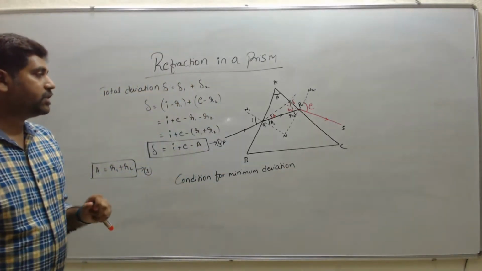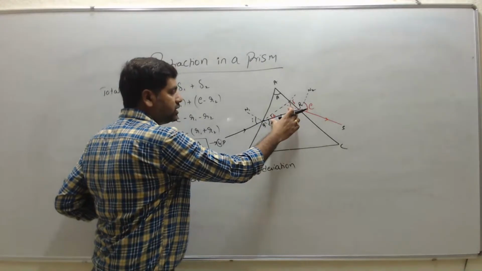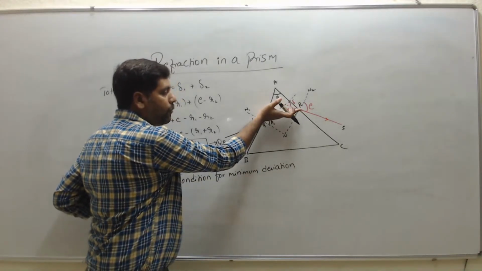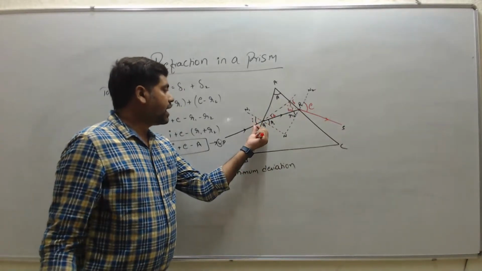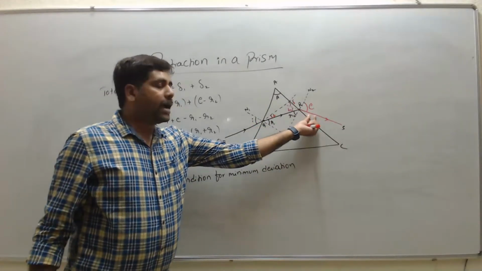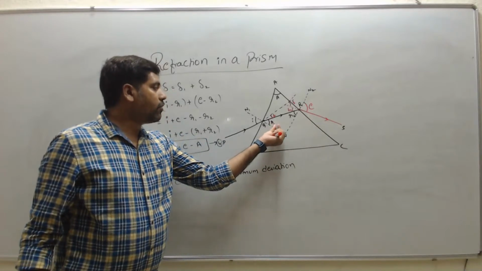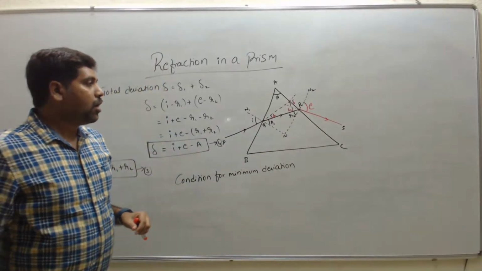For minimum deviation, the refracted ray inside the prism has to become parallel to the base of the prism. Then the angle I equals angle E, and also angle R1 equals angle R2.